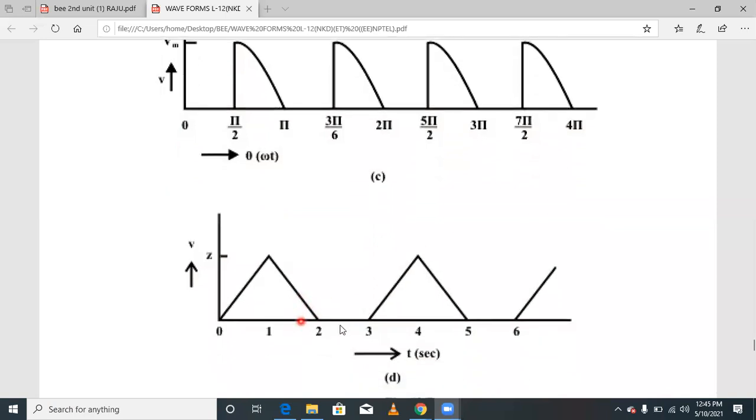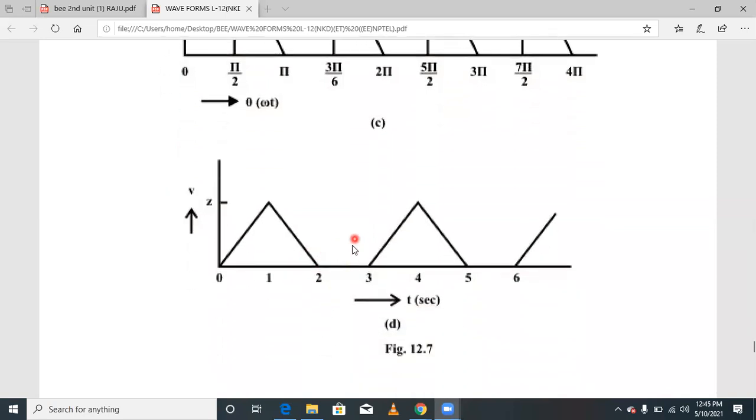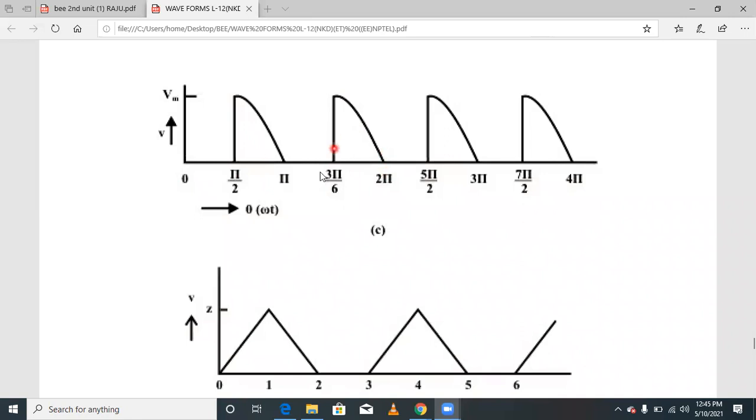So only one difficulty is to find the total time period. If you know the total time period, then you will get the answer easily. If you don't know how to find it, there is confusion.